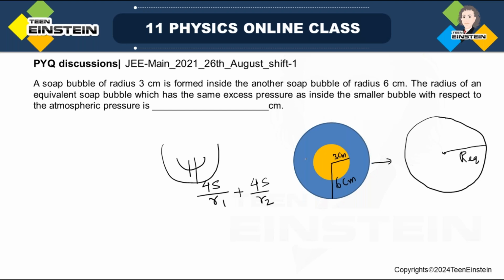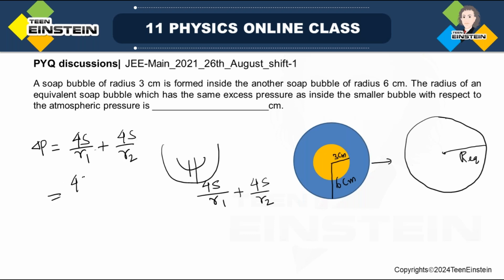So the total excess pressure for the smaller bubble will be added up. The excess pressure in the smaller bubble, delta P, is given by 4S by r1 because of its own curvature, and because of the bigger one, 4S by r2.